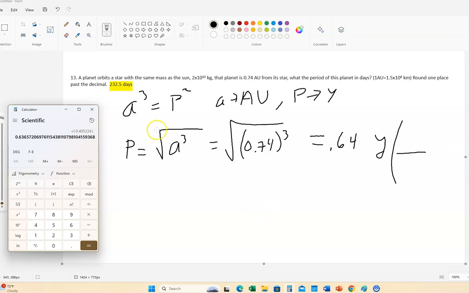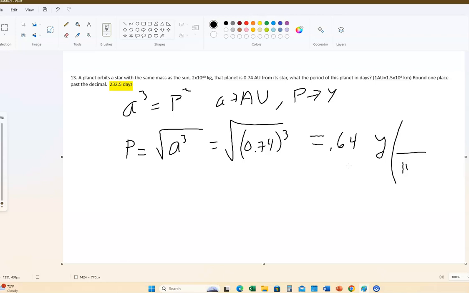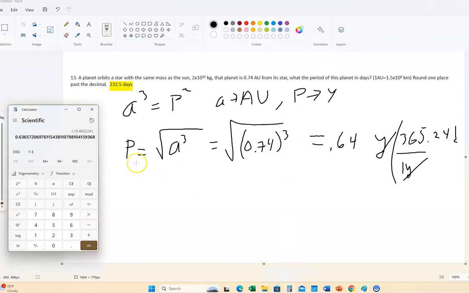I just don't want to write this entire number, so I rounded it. And we know that in one year there are 365.24 days, and so the years cancel. You just multiply the number that's in your calculator, again using the unrounded number, and then round it at the very end.